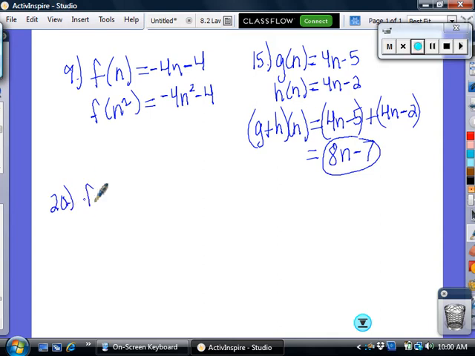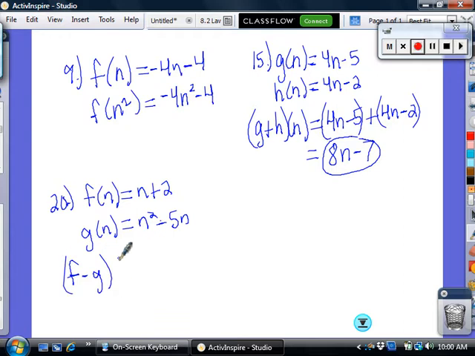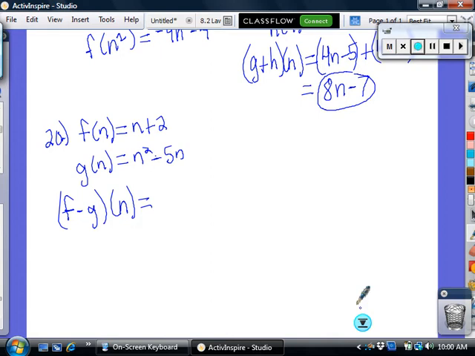Number 20, I have a function f, I have a function g, and we're to find the difference function. So we have f minus g.